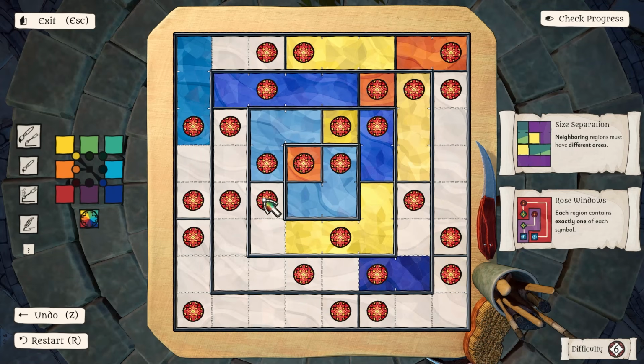So we know this is a 1 or a 2. Wait, this can't be a 3, but it could be a 4, is the problem. If you're a 5. Or it could just be a 2.